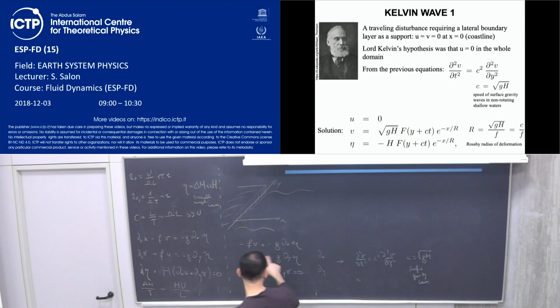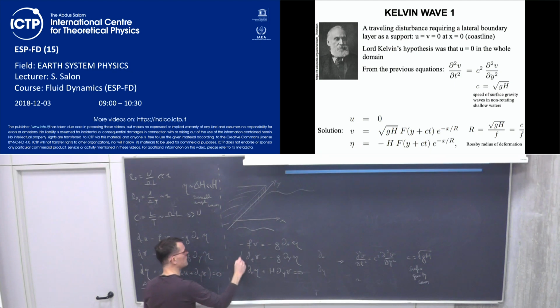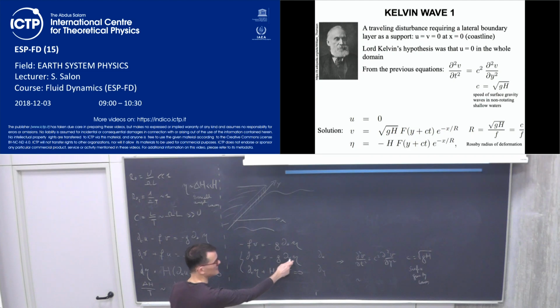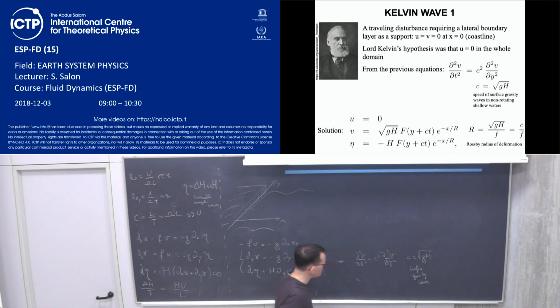So from the analysis of the second and the third differential equation of our system, we were able to cancel the dependency on eta, and we just obtain a wave equation which is related to a phase velocity equal to the square root of g h, and this is a new definition, something that we have never seen.